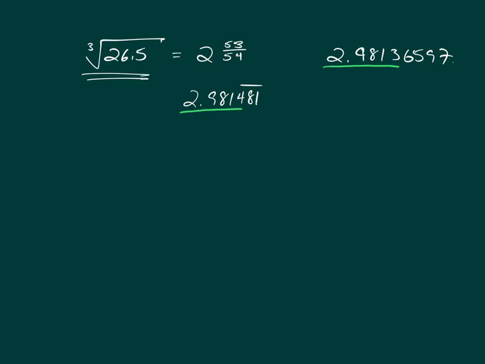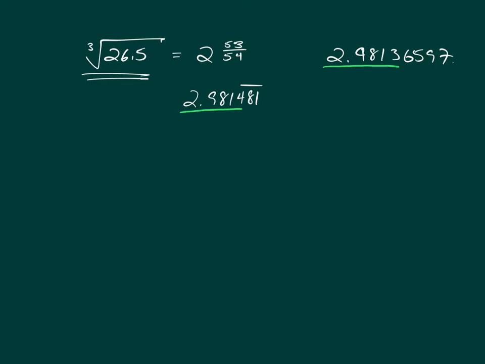I used a calculator to get this here. I used a calculator to get this one here. I sort of fudged the rounding over here, right? This is really 2.9815, 2.9814, and called it close enough out to 4 decimal places. There has to be a better way to compare or find the error between what we got by linearization and the exact amount.